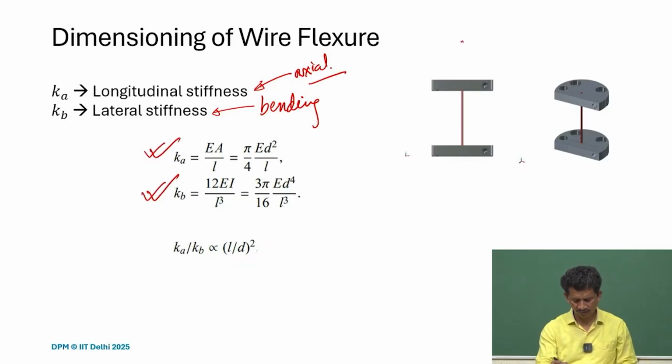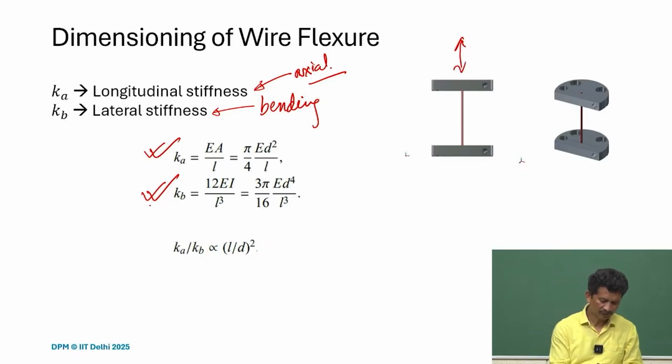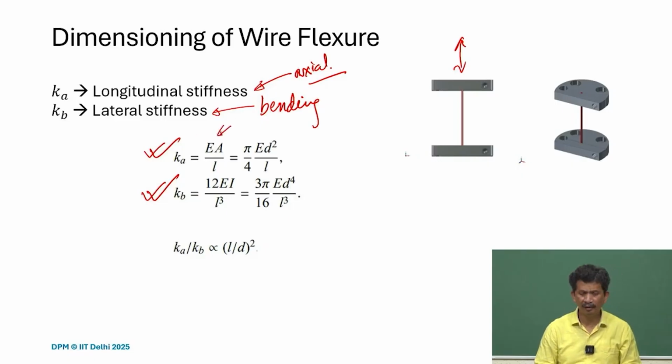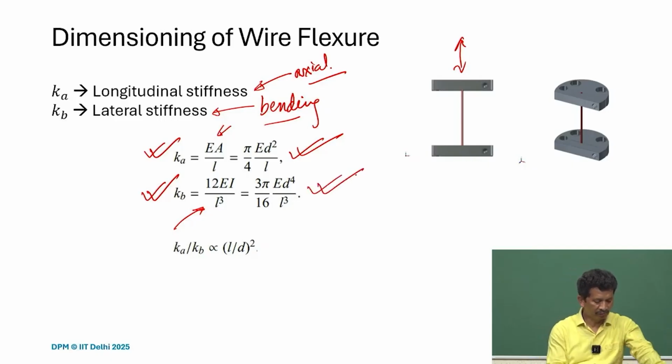Along the vertical direction, the stiffness is because of the longitudinal force, and we know it's EA by L, and then we substitute A with D, and we get this formulation. The lateral stiffness is because of the bending, and for both ends fixed and moving guided, it's 12 EI by L cube, and again we can have this. What happens if we compare these?